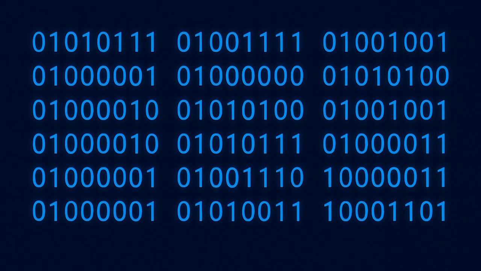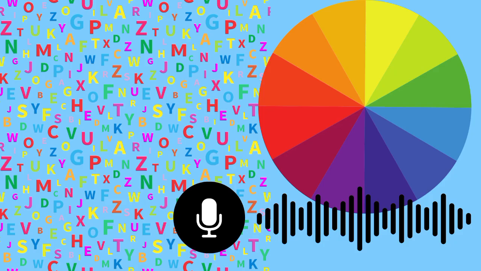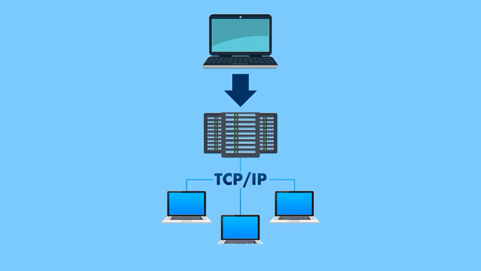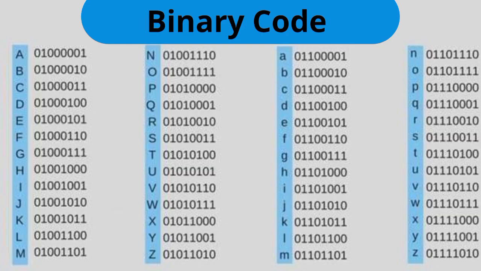These digits are the information we receive on a daily basis via technology. The letters in messages, the colors in photos, and the sound in the audio are transformed into binary code to be shared on communication channels by your computers. When we send a message, the computer transforms each letter into a sequence of 8 bits or 1 byte.